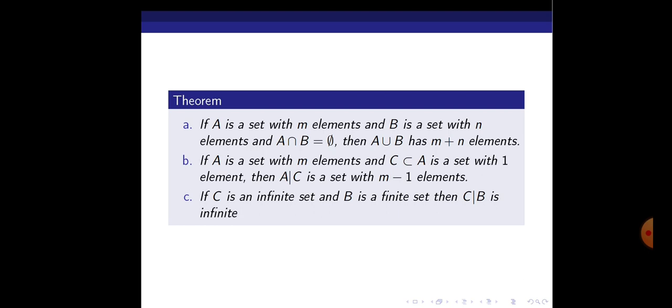One is, in the first statement, if we substitute A as A minus C and B as C, then we can easily prove that its union, A minus C union C, which is A when C is a subset of A, contains exactly m minus 1 plus 1, which is m elements.